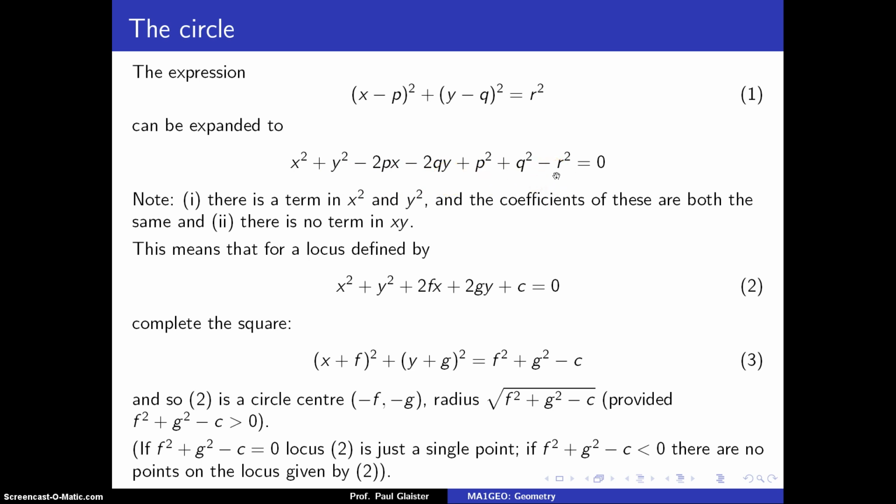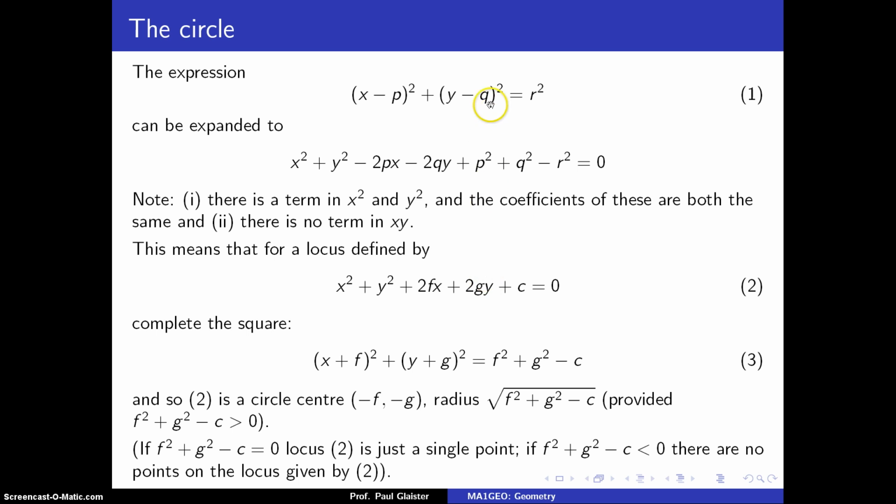And so if we write down a general expression which involves just x squareds, y squareds, a multiple of x, a multiple of y, and a constant, then 2 looks very much like this expression here. In particular, I force the coefficients of x squared and y squared both to be 1, as I have up here. And for convenience, I've kept in the 2. As you'll see in a moment, it makes it a lot easier when one completes the square.